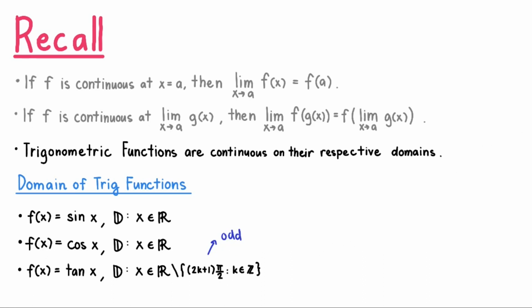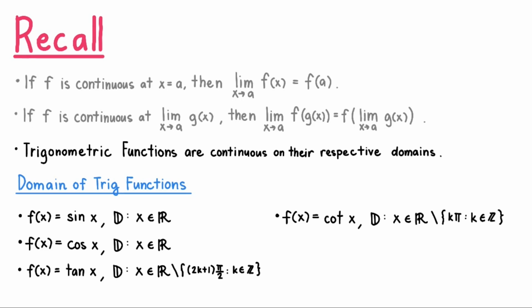Take note of that one. For the cotangent of x, its domain is all real numbers minus, just to reiterate, this represents set minus, the integer multiples of pi.